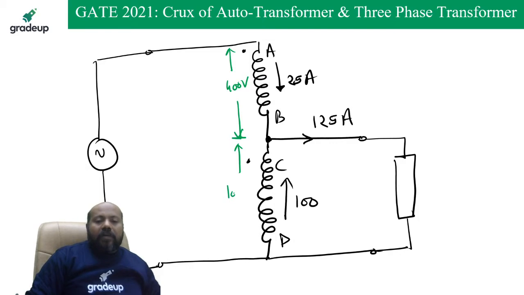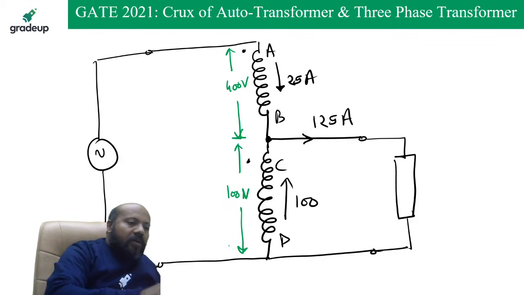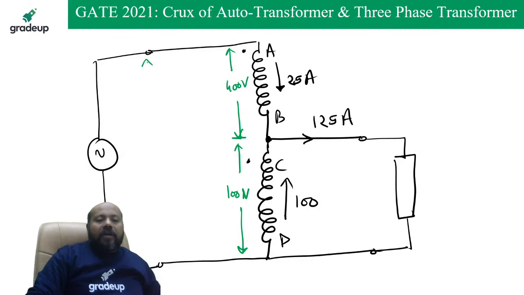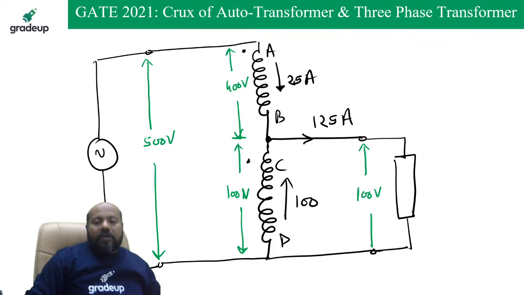And this winding, the voltage is going to be 100 volts. It means the total voltage with the additive polarity across the source is going to be 500 volts. And here the voltage is going to be 100 volts. Here the current is going to be 25. Here the current is 125. This is the complete connection.